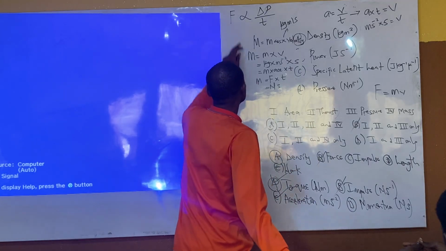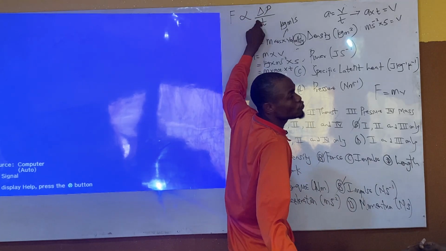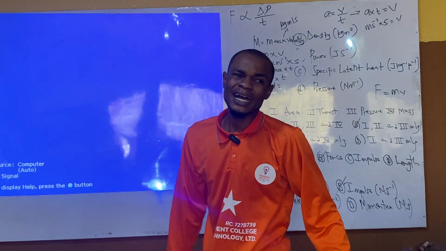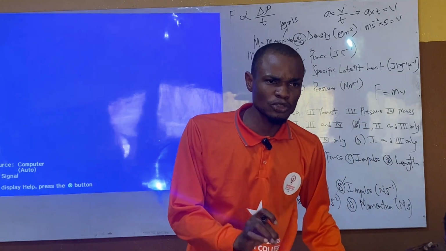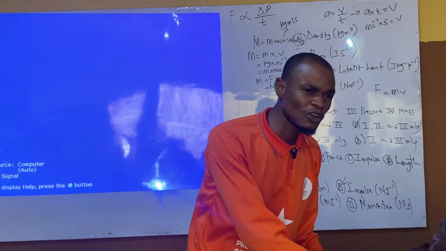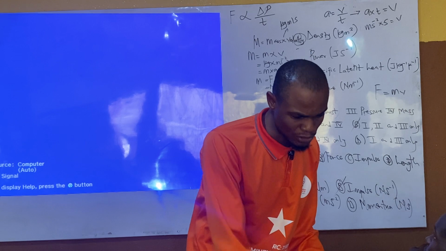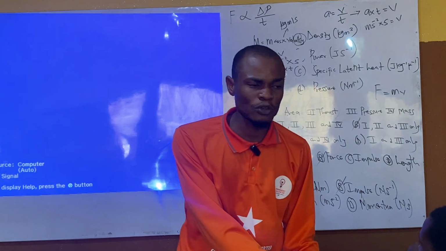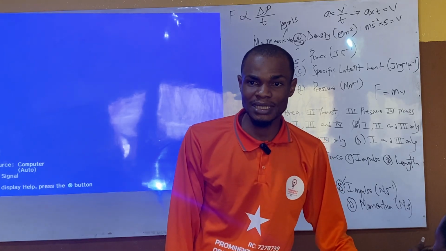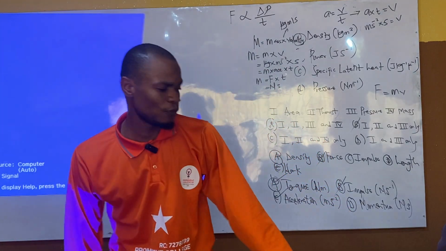It is directly proportional to the rate of change of momentum, which takes place in the direction of what? Force. The force acting on the body is directly proportional to the rate of change of what? Momentum, with particular time, and it takes place in the direction of the force applied.